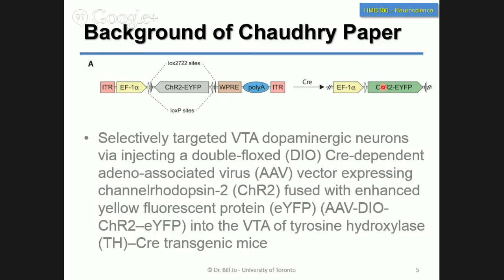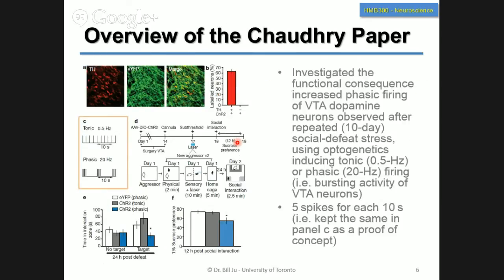You could see if it was being expressed because it's linked to this enhanced yellow fluorescent protein. Wherever you see enhanced yellow fluorescent protein, you get channel rhodopsin, okay? And we talked about how it could be specifically targeted to Cre recombinase containing tyrosine hydroxylase neurons, dopaminergic neurons within the VTA.